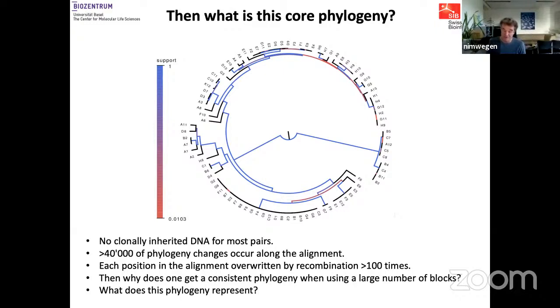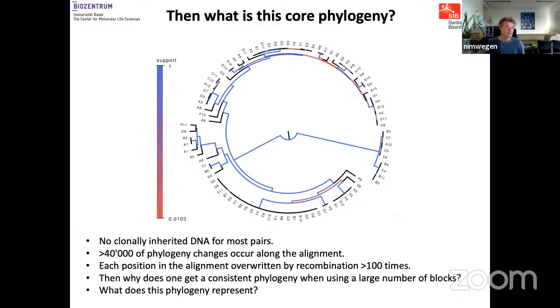There are more than 40,000 changes of phylogeny along the alignment, and simple back of the envelope calculations also show that given the size of these recombined segments that we can estimate from the closest pairs, as I showed you a little while before, each position in the alignment has been overwritten at least 100 times, if not 1,000 times.